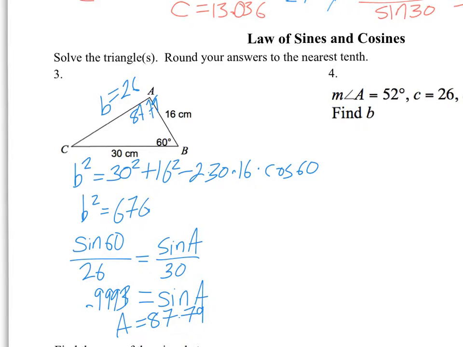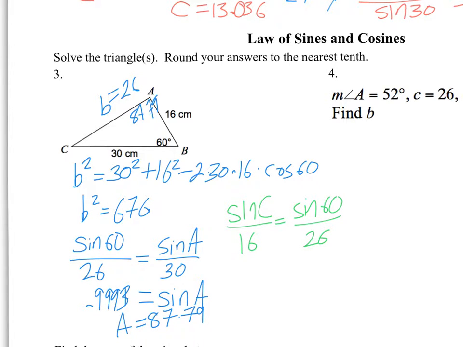30 is a little bit bigger than 26, and now 87 is a little bit bigger than 60 as far as angles. Let's get that third angle. I'm going to use law of sines for that third angle just to make sure it works out. You could also subtract from 180 and hope that it works out, but I trust law of sines a little bit more. Sine of c over 16 is equal to sine of 60 over 26.